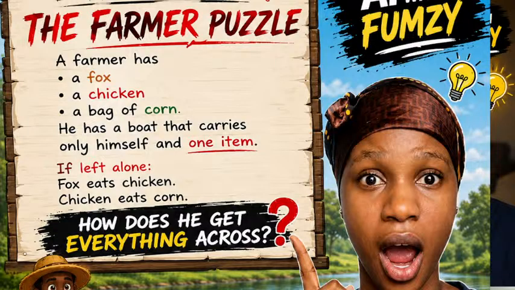Also take note that the farmer can only cross with himself and one of these three items. So suggest how you think the farmer should be able to cross these items across the river.